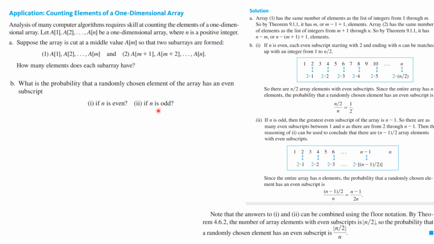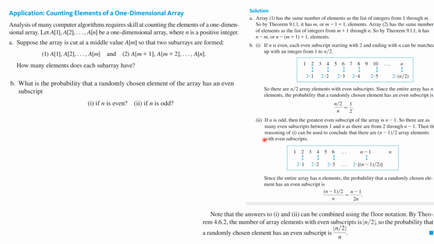Now, what happens if n is odd? If n is odd, then the greatest even subscript of the array is n minus 1, because this time n is odd, so you have to go back 1. That's the greatest subscript. So there are as many even subscripts between 1 and n as there are from 2 to n minus 1.